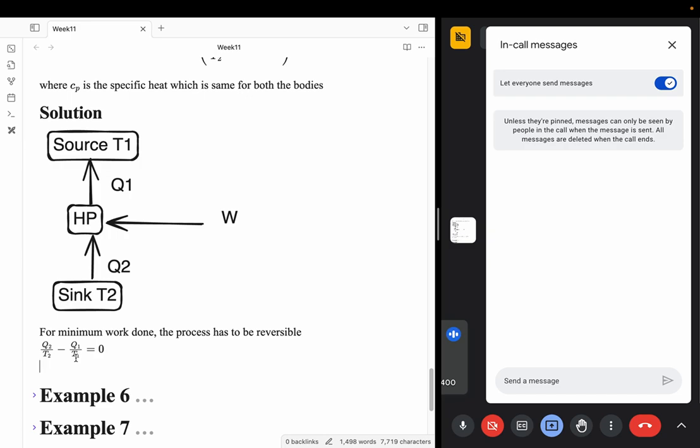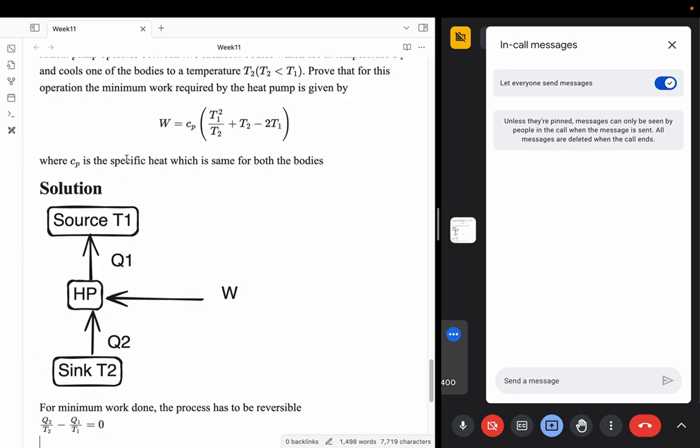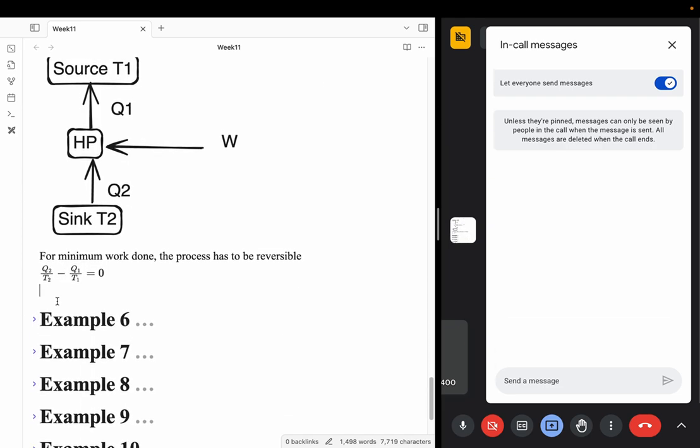When we derived the Carnot cycle and all these things, we based it on the assumption that the source and sink are infinite reservoirs of heat, so by adding or removing heat from them, their temperature does not change. Essentially, they have infinite specific heat. But here I am saying that Cp is the specific heat and it is not infinite, it's some finite value. So if you are taking heat from the sink, its temperature will decrease. If you are adding heat to the source, its temperature will increase. So instead of writing it in this form, how do I convert it?